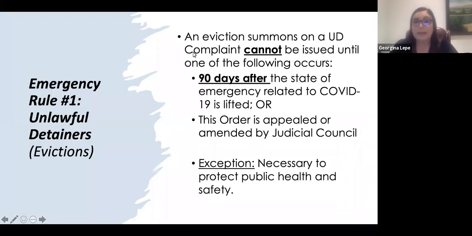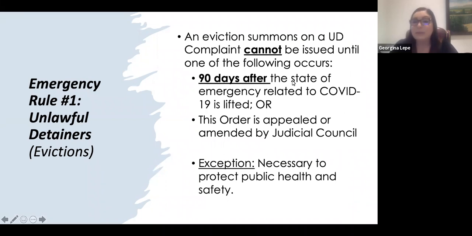Rule number 1: an eviction summons on an unlawful detainer complaint cannot be issued until one of the following occurs: 90 days after the state of emergency related to COVID-19 is lifted, or this order is appealed or amended by the Judicial Council. There is a small exception if it's necessary to protect the public health and safety.